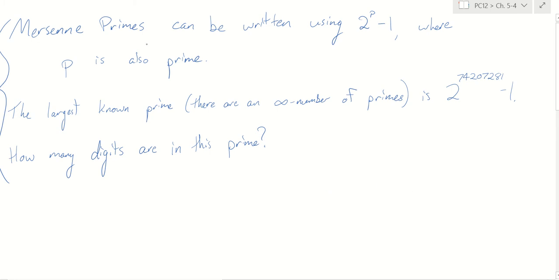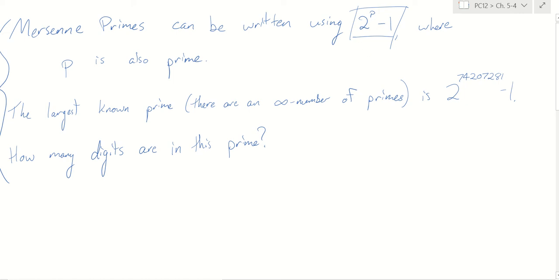It says Mersenne primes can be written using this formula, 2 to the p minus 1, where p itself is also prime. So this whole number itself will evaluate to a prime number if it's a Mersenne prime. And the exponent that you raise base 2 to is also prime, actually. So this is kind of a really fun, interesting, strange formula to produce primes.